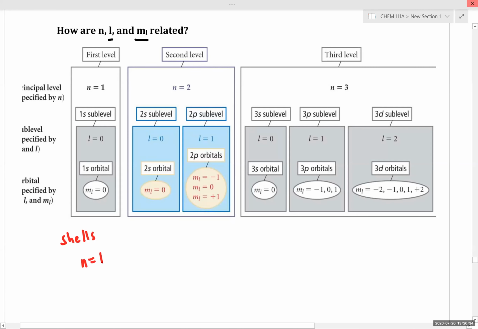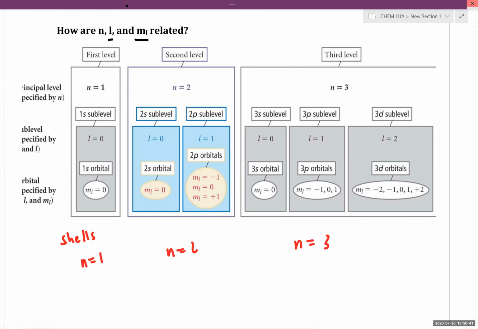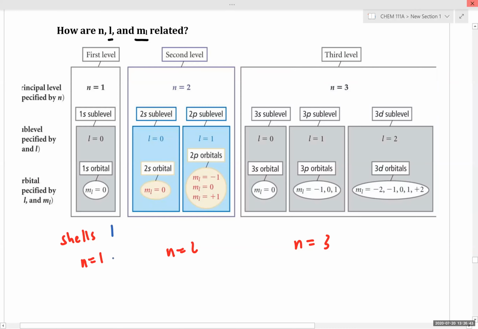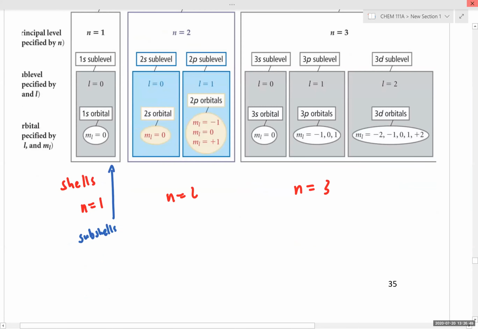So we have n equals 1, n equals 2, and n equals 3. Each of those shells can be further divided into subshells, where L is equal to n minus 1 all the way to 0.